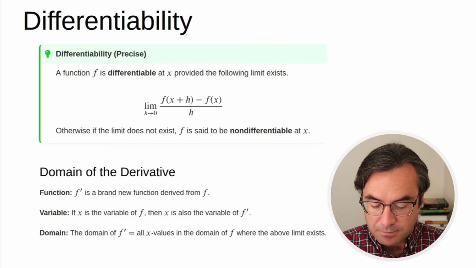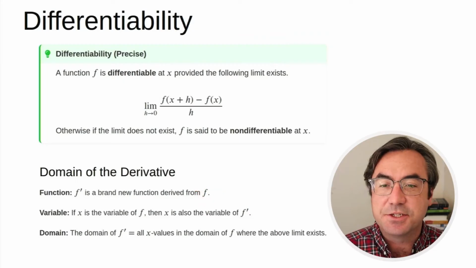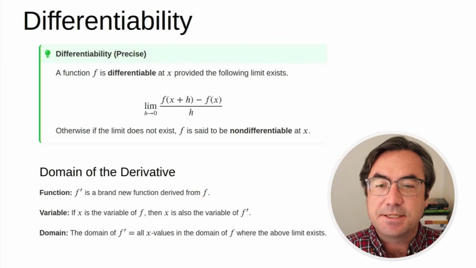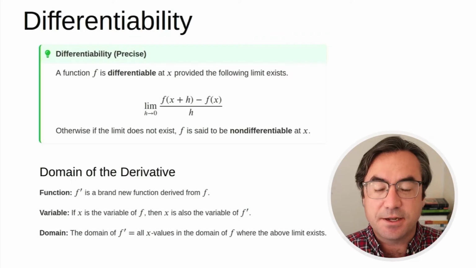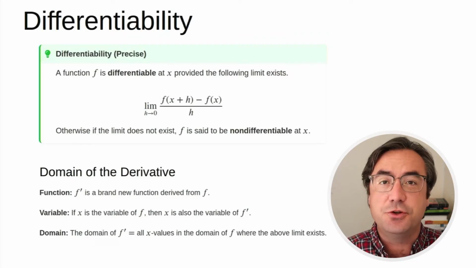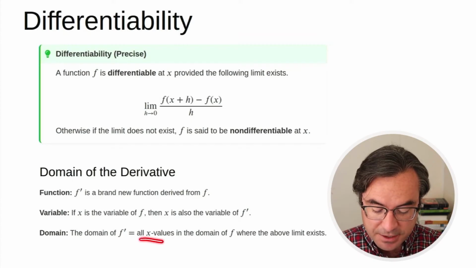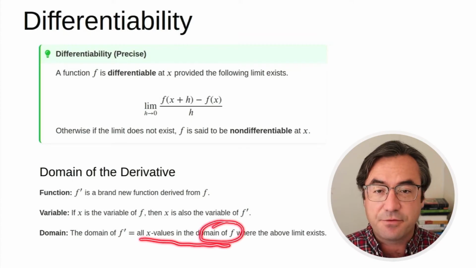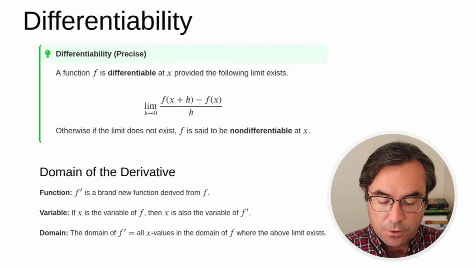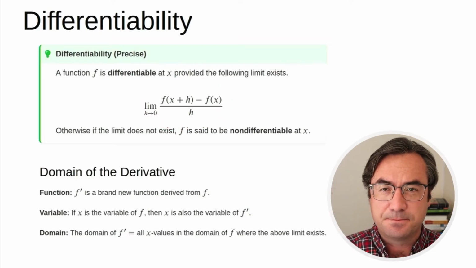And then our original function has a domain, and it makes sense then to consider what is the domain of this new function f prime. Well, the domain of f prime is going to be all the x values from the domain of f, the original function, where this limit exists.